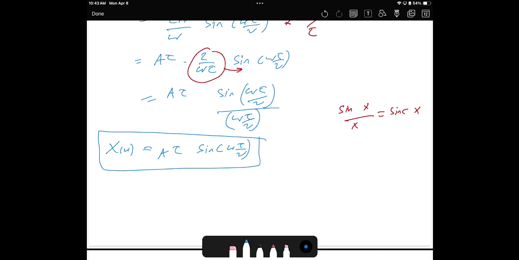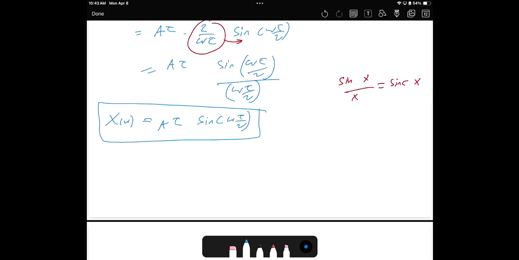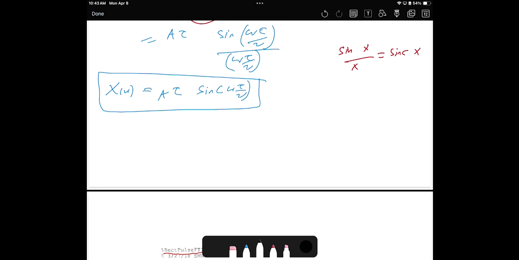And this is the pulse, the rectangular pulse. Okay? Let's just make the plots. Here is t, here is x of t, and here is the pulse. This is the area from negative tau over 2 to tau over 2.